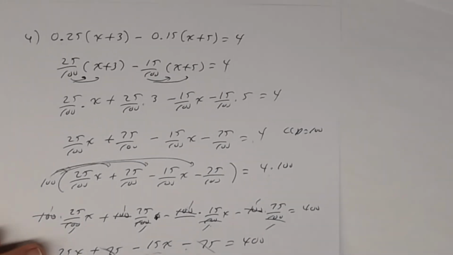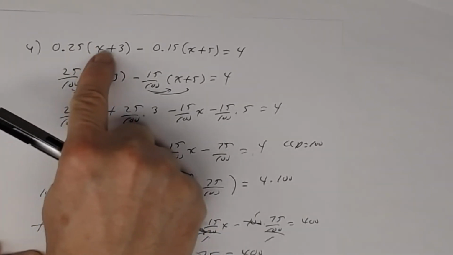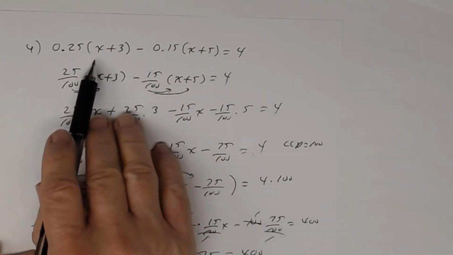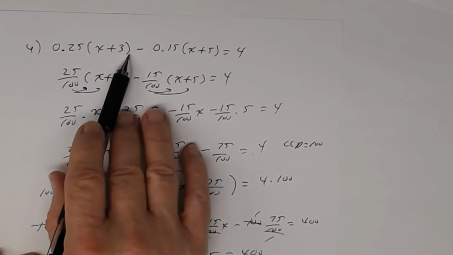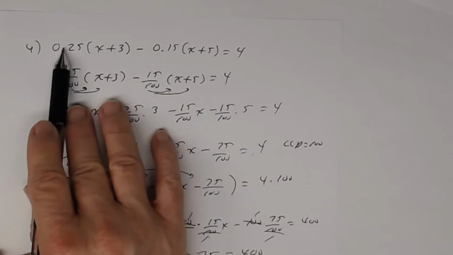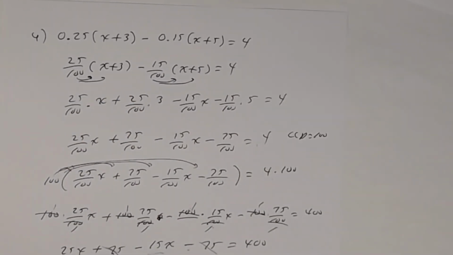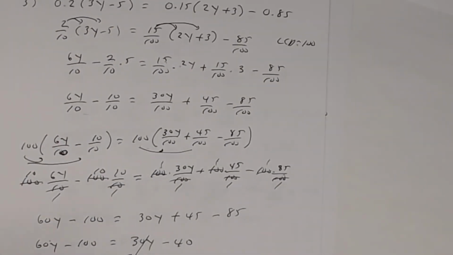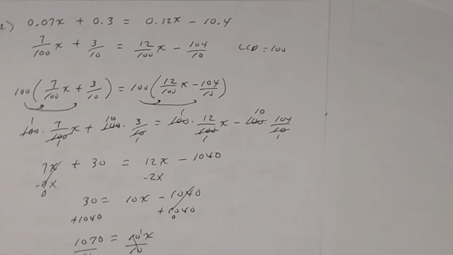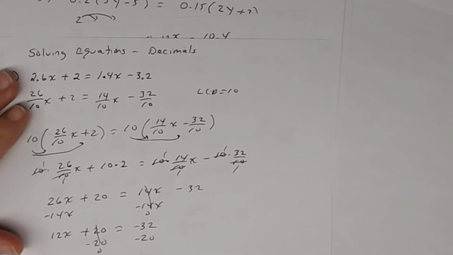So the value of x that makes this equation a true statement is 40. If you substitute 40 in for x and check this, you'll see that this side is going to equal 4.